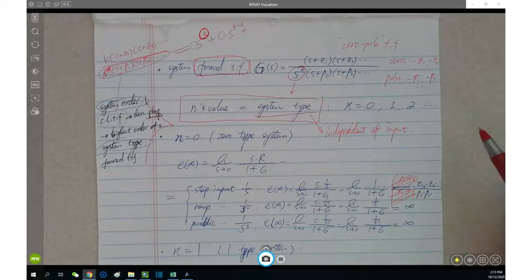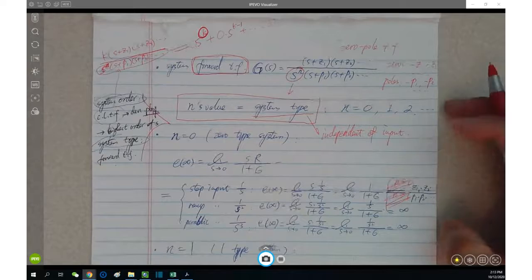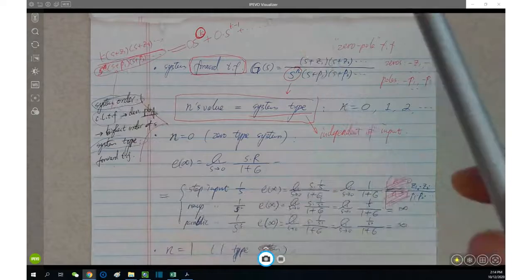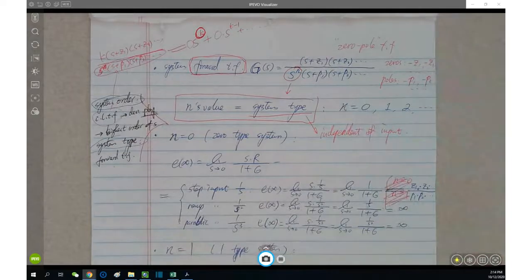Since these concepts are very, very important, let's go back to here for maybe another 5 minutes. Take a look, folks, and see if there are any questions. Never mess them up. Okay. System order. What does it mean? It means the closed loop transfer function. System type is found based on the forward transfer function.